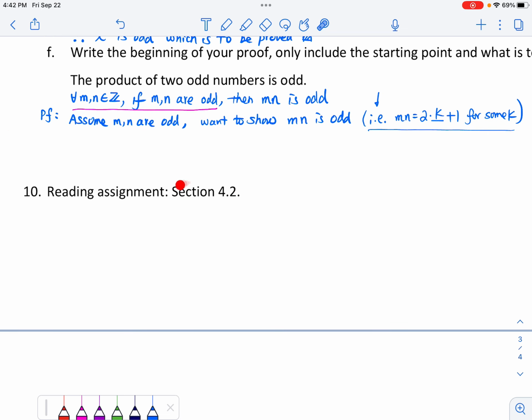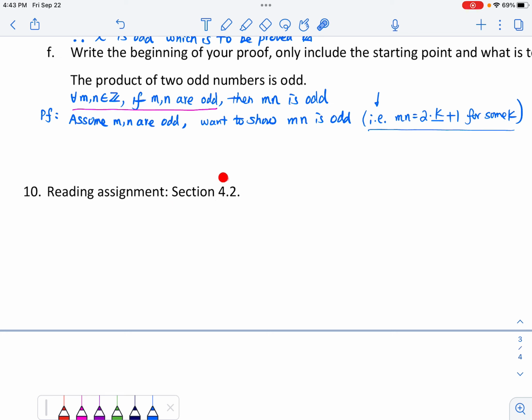For section 4.2, there is really nothing much new. However, there is a lot of good information for you to take away from it. It has instructions and suggestions on how to start your proof, how to write the proof, and the steps for a proof.